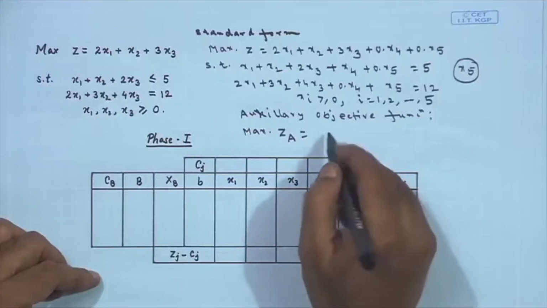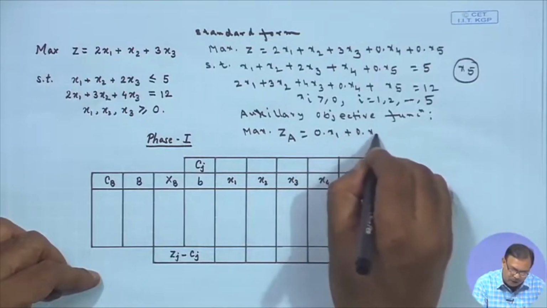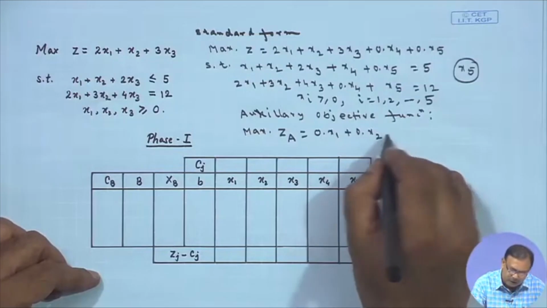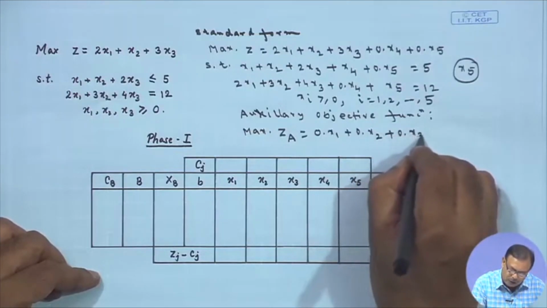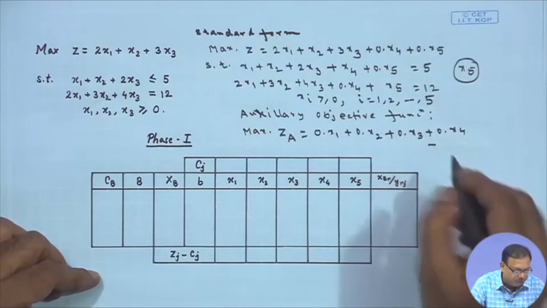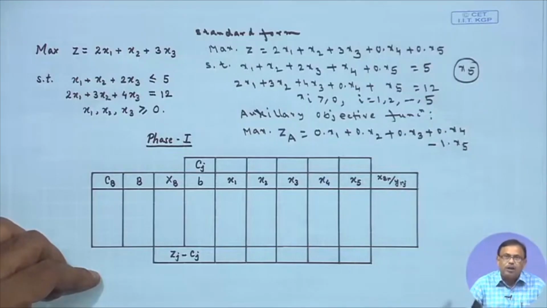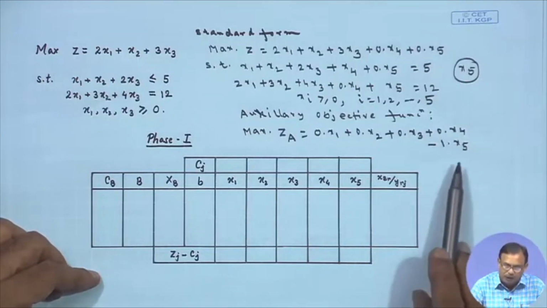That is z a equals, you can write down 0 into x1 plus 0 into x2 plus 0 into x3 plus 0 into x4 plus minus 1 as the coefficient of the artificial variable.